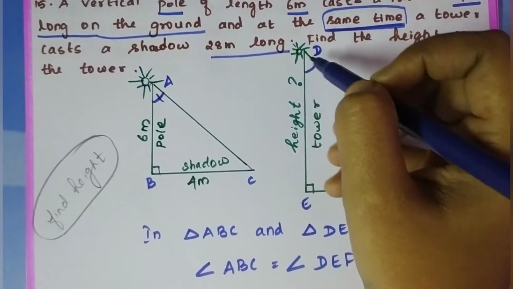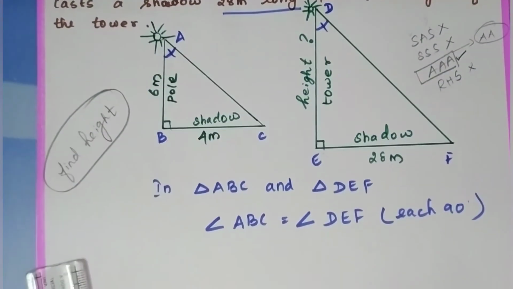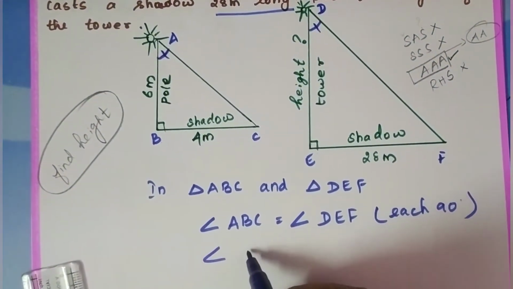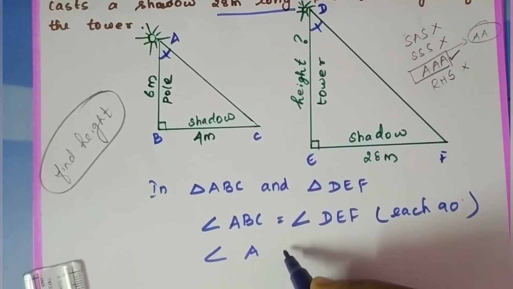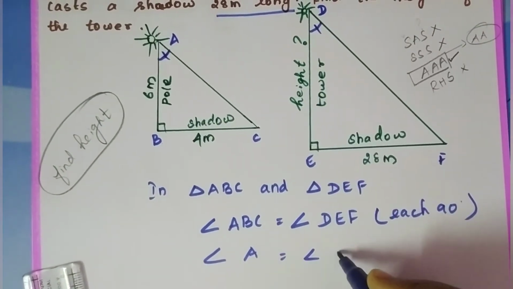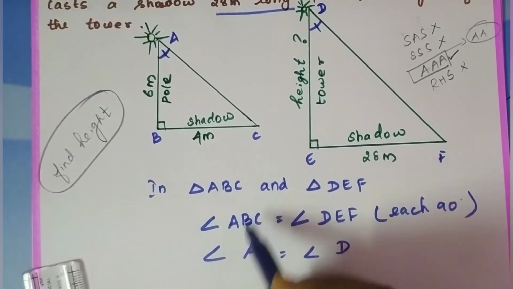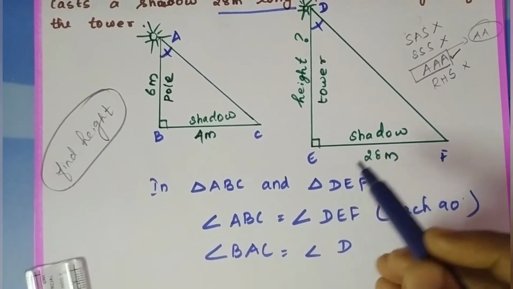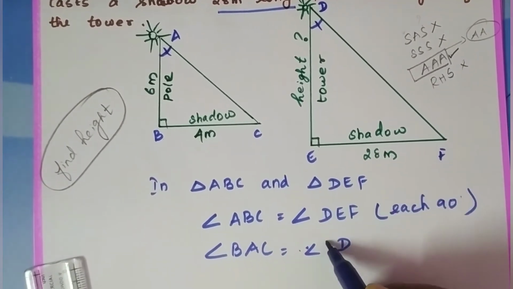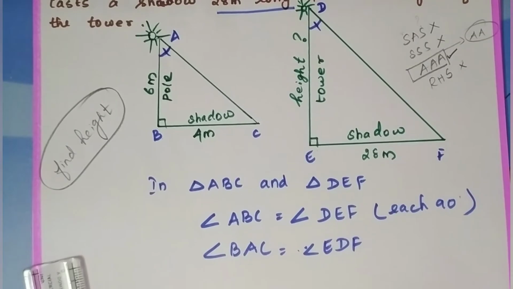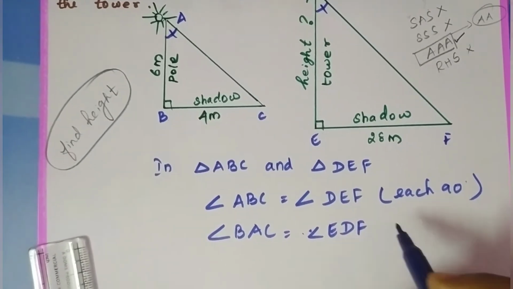So then we can tell that angle A, here we denote angle A, and here D, and the remaining are B, C, here E, F. Why?